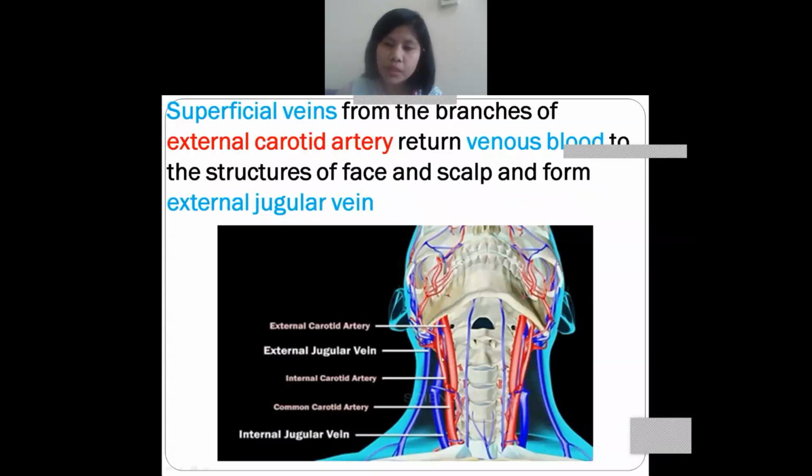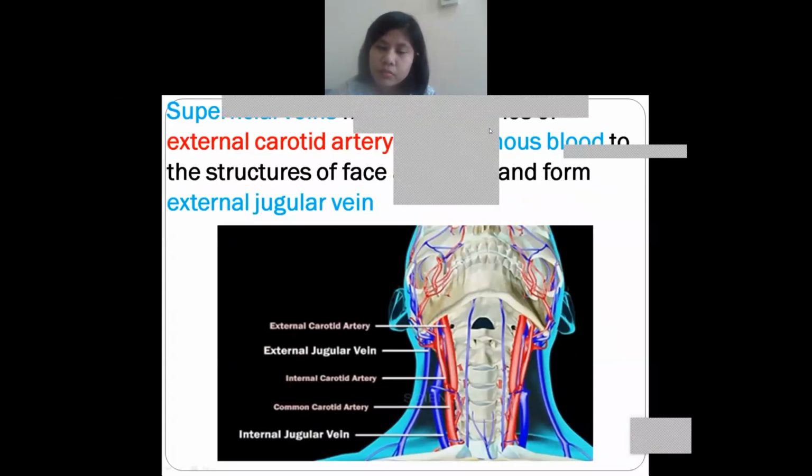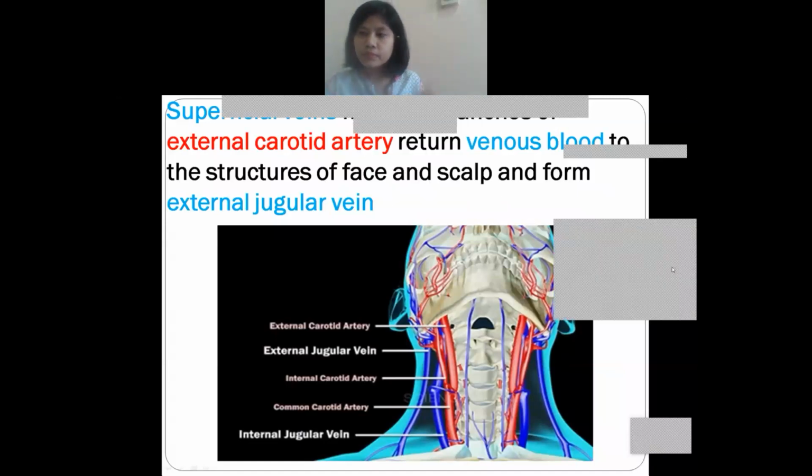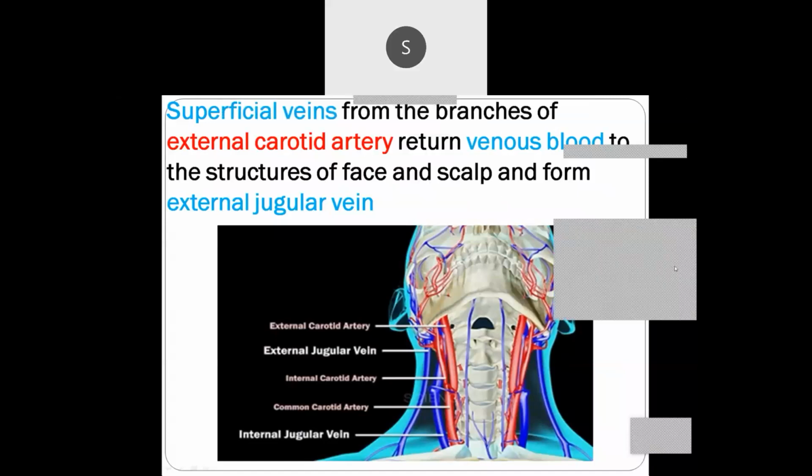The external jugular vein begins in the neck portion, like in the jaw part, and passes down in which muscle? What is the name of the muscle? Sheetal, can you tell me?